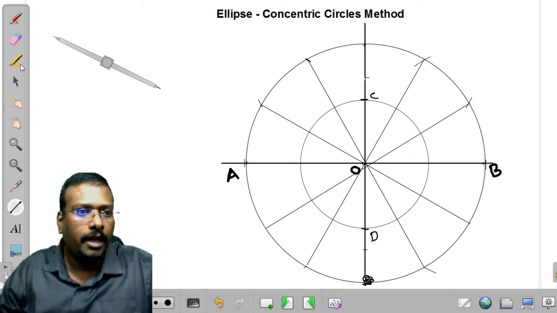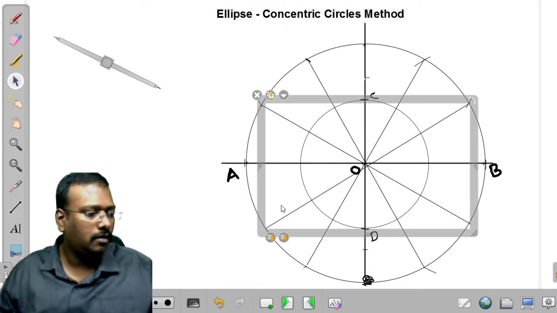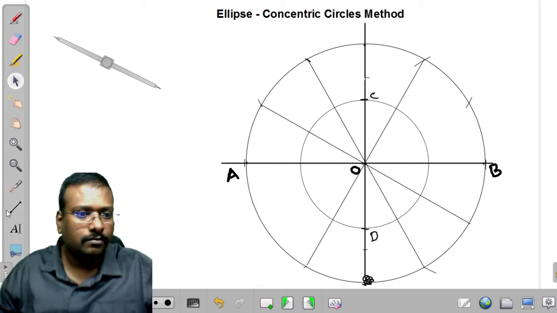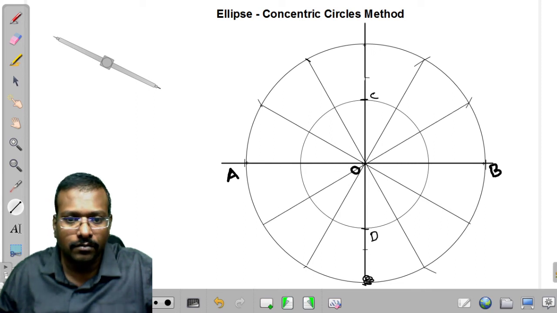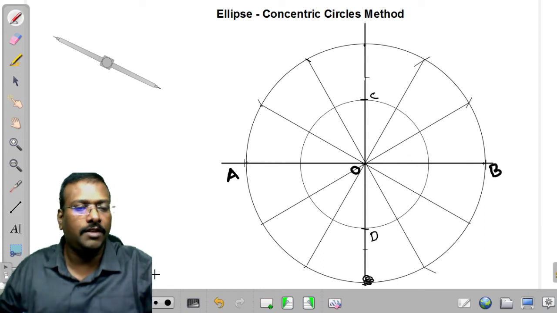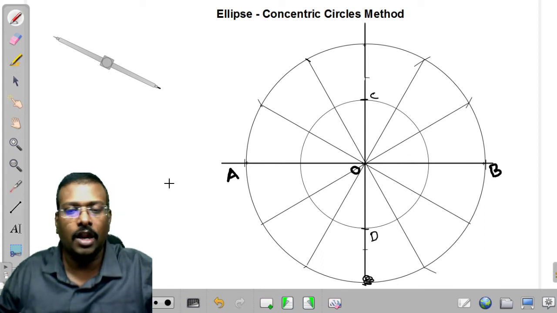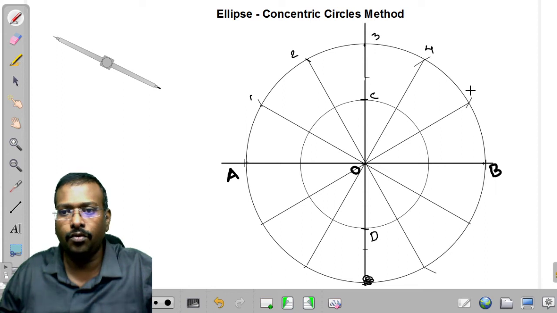Give the names of them as 1, 2, 3, 4 on the outer circle, 1 dash, 2 dash, 3 dash on the inner circle. 1, 2, 3, 4, 5, 6, 7, 8.